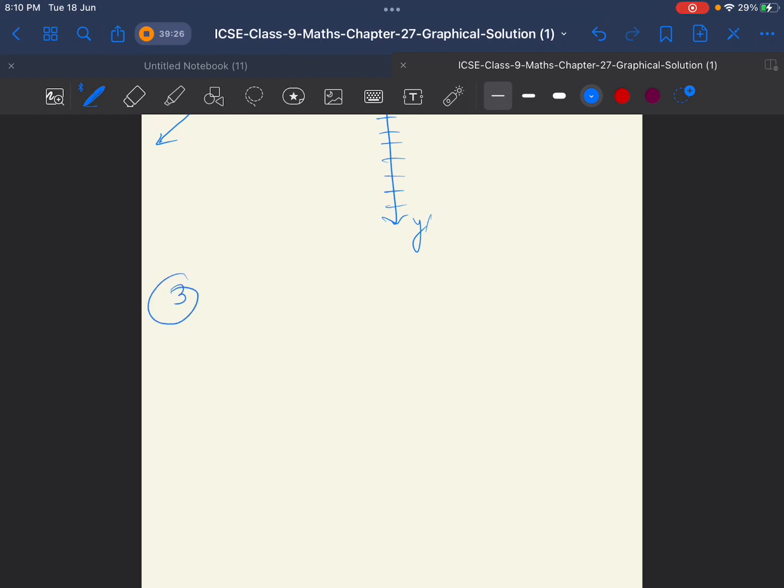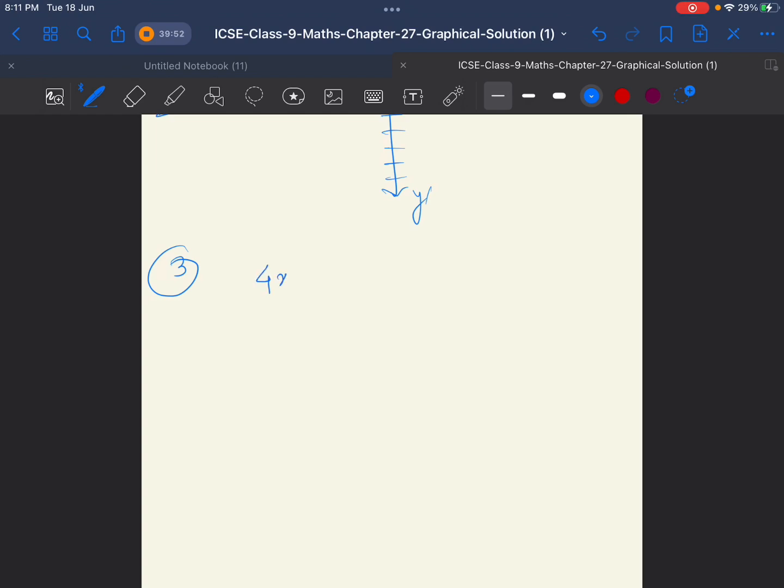Okay, question number 3. Question number 3. Draw the graph of the straight line given by the equation this. Calculate the area of the triangle formed by the line drawn and the coordinate axis.